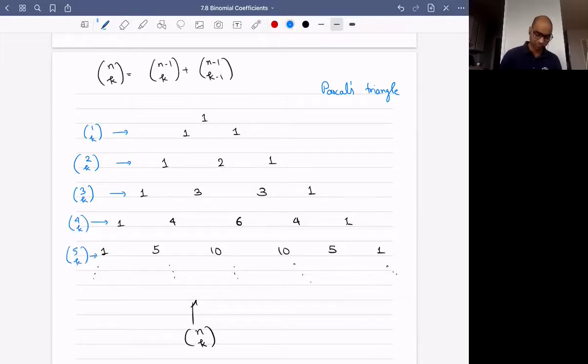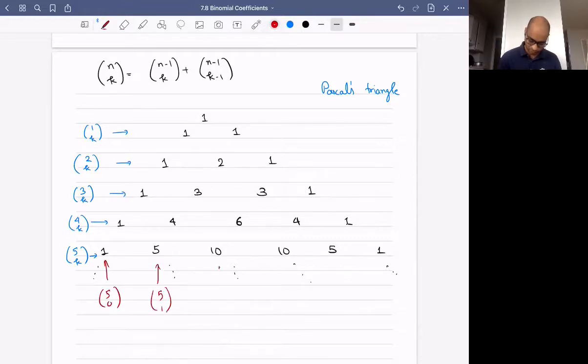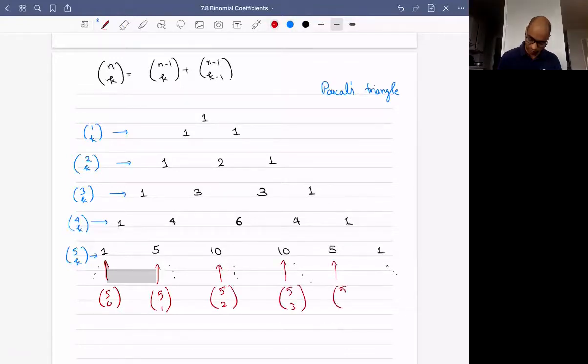Just so that we are very clear about what I mean: the first entry is 5 choose 0, the second entry is 5 choose 1, the third entry is 5 choose 2, the fourth entry is 5 choose 3, the fifth entry is 5 choose 4, and the sixth entry is 5 choose 5.